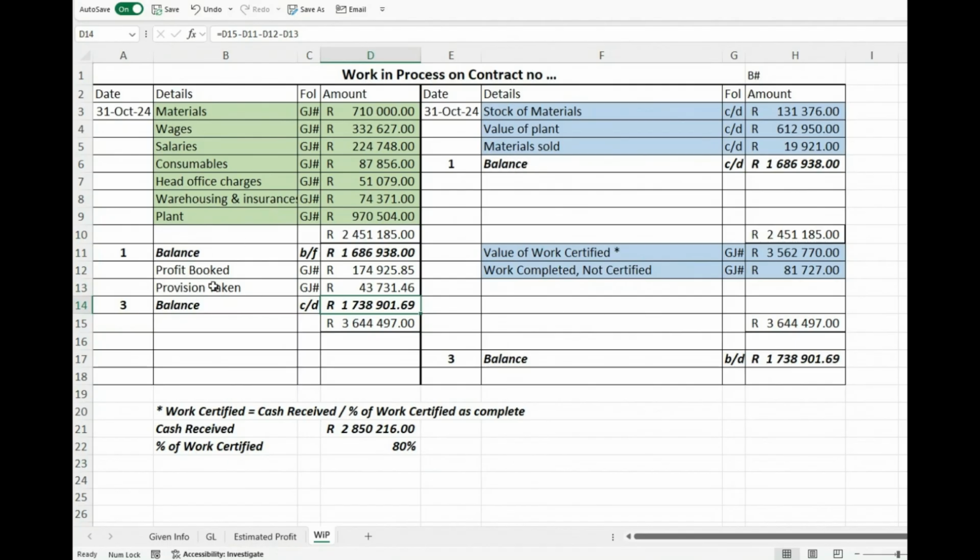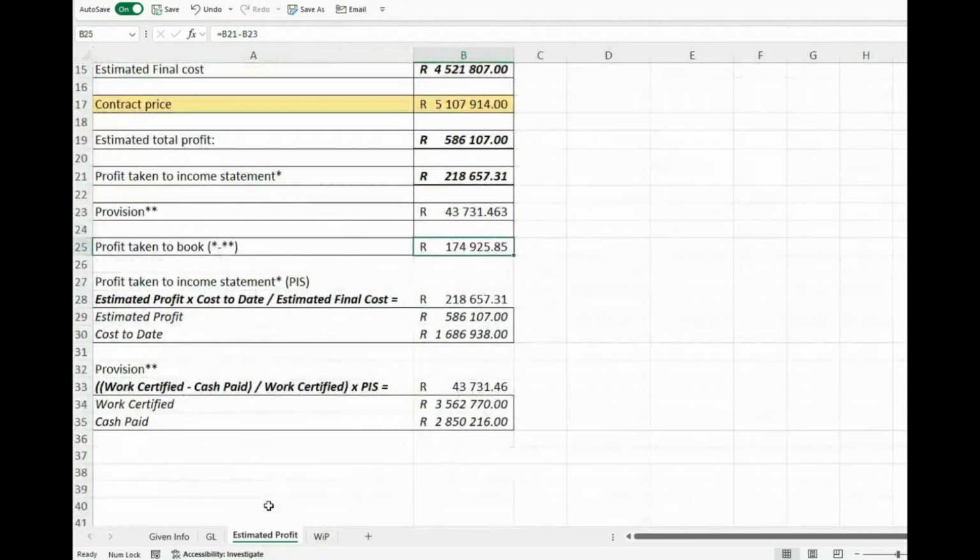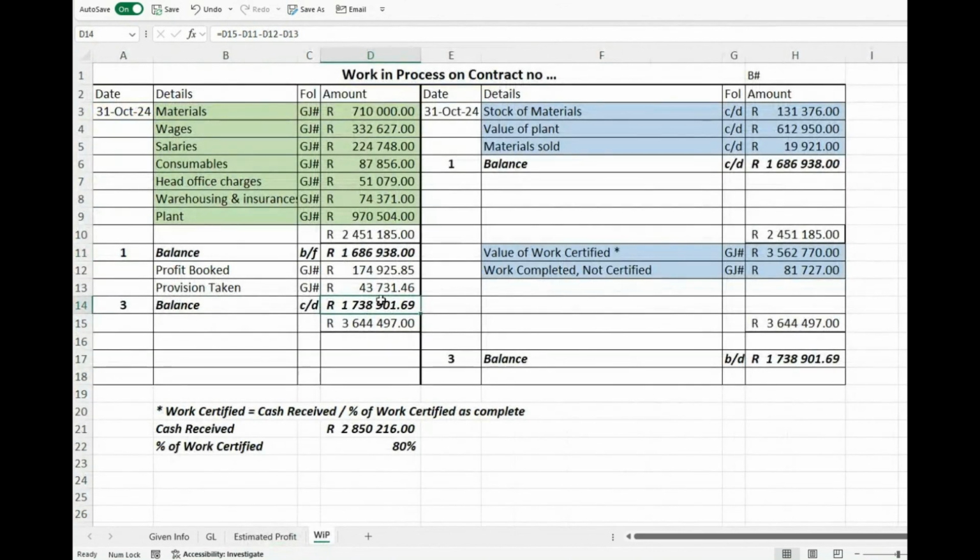You will bring in the two things that you calculated in the estimated profit, which was the provision and the profit taken to book. You will add those, and then you will get a third balance, balance number 3, when you take these totals and you subtract those 3 amounts, and that is what you bring into your work in process on the contract.